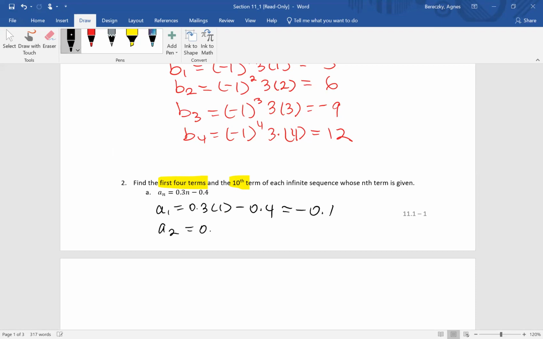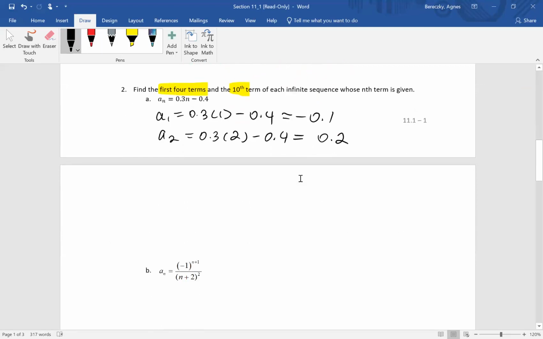A2 will be 0.3 times 2 minus 0.4, which is 0.2.